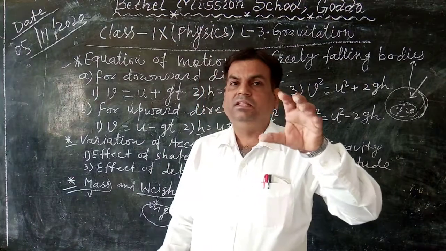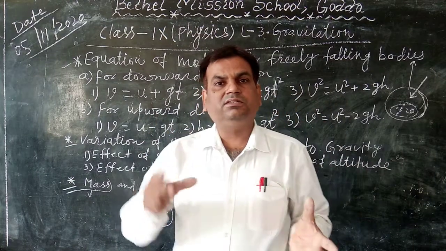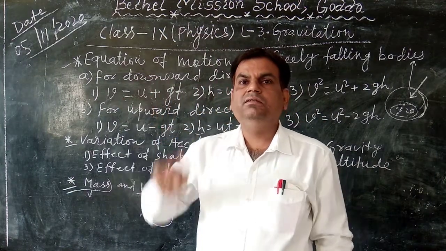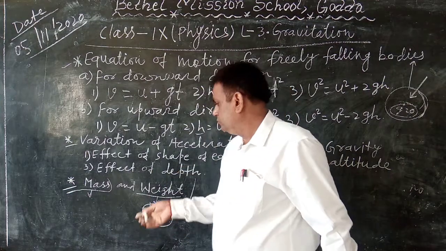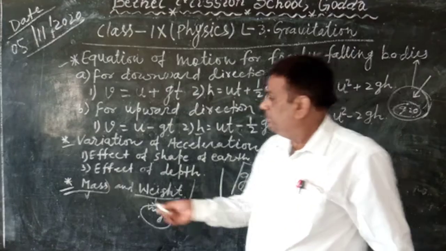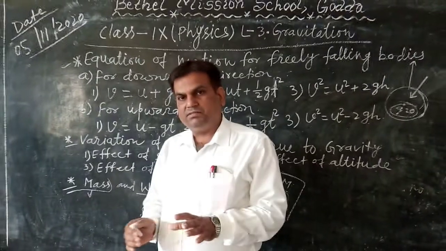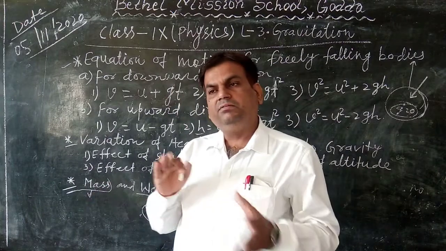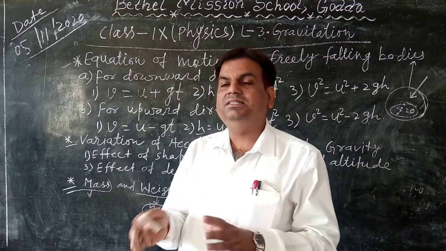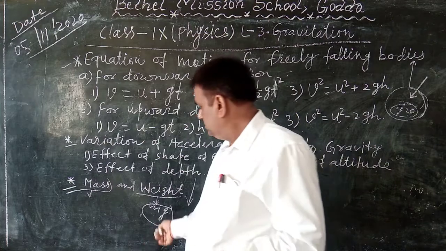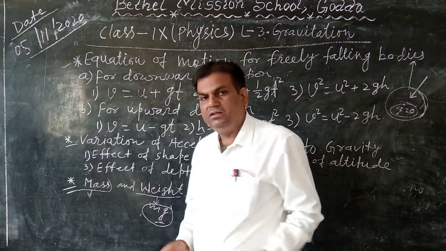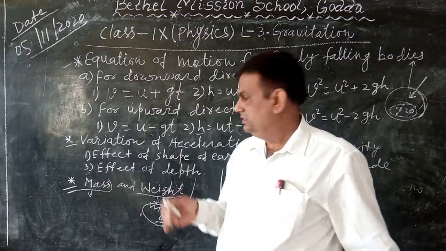That's why the weight of the object on the moon is 1/6. And mass remains constant. Mass is 60 kg. It will remain constant because it does not depend on the acceleration due to gravity.